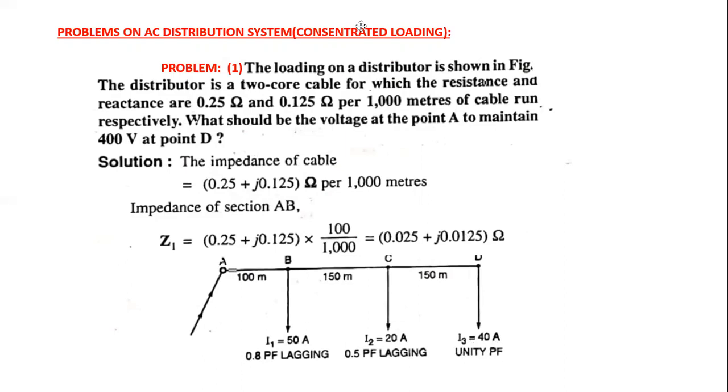The total length of this distributor is given in the question, that is 1000 meters from A to D. In the diagram, we observe that the distance from A to B is 100 meters, B to C is 150 meters, and C to D is also 150 meters.